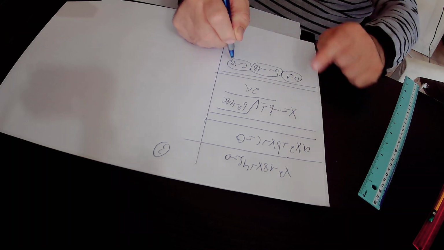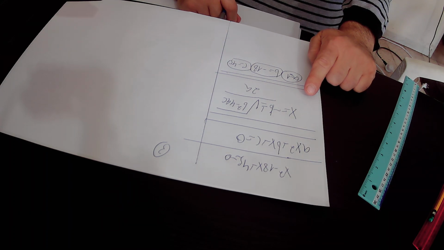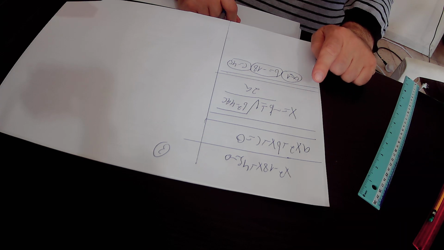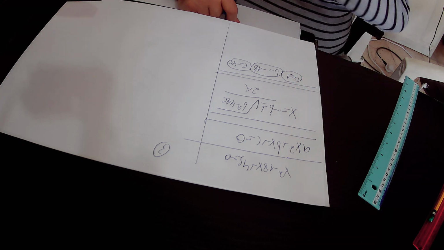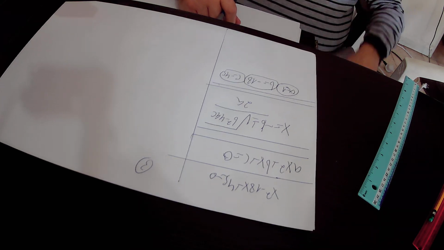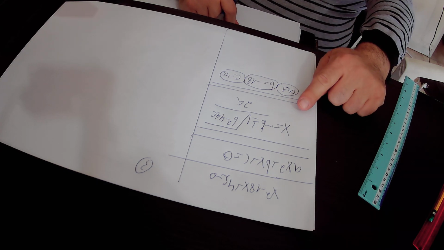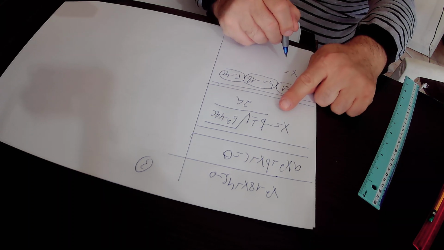Now we'll put the data inside this formula for x, and we find out the values of x for our specific quadratic equation. Okay, so according to this general formula, x equals minus b.